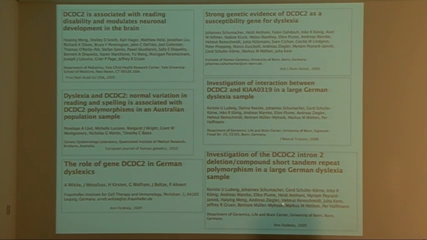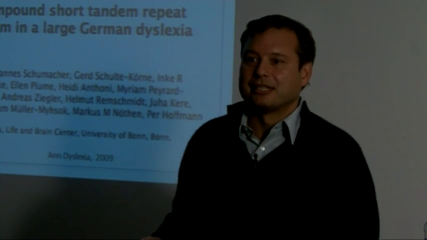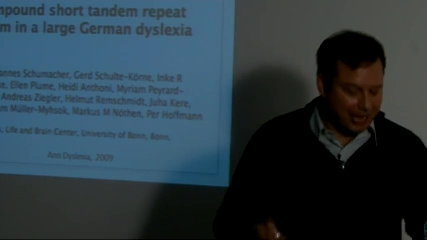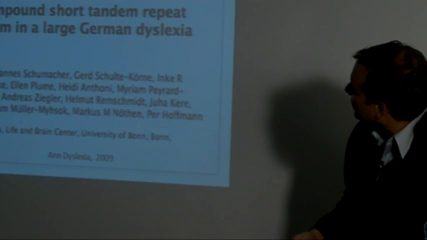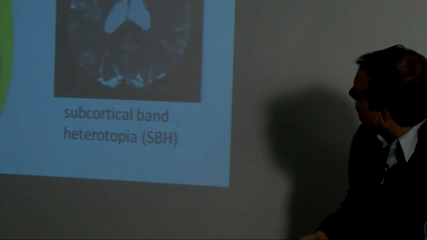But this paper still found the same associations with the single nucleotide polymorphisms that the other papers found. So this is, to us, an example of, at least while it's not perfect, we've got an Australian population, an American population, and 2 different German populations with statistically strong associations. That's about as good as a genetic association study gets.